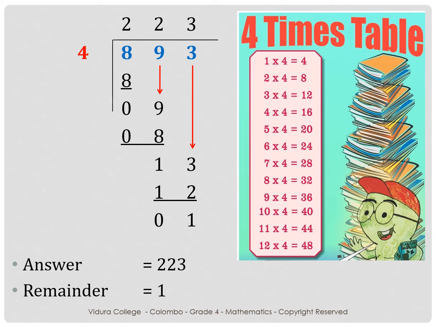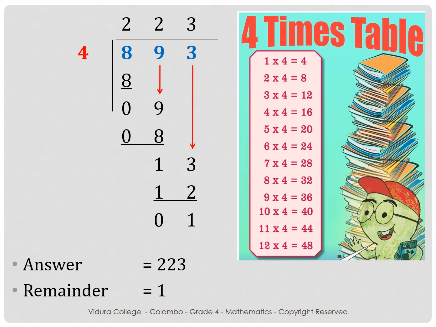Hence, you want to write 3 above 3 as shown. Now, you want to multiply 4 into 3, which is 12. As shown, you want to write it down. Now, children, you want to deduct 12 from 13. So, the answer should be 1.